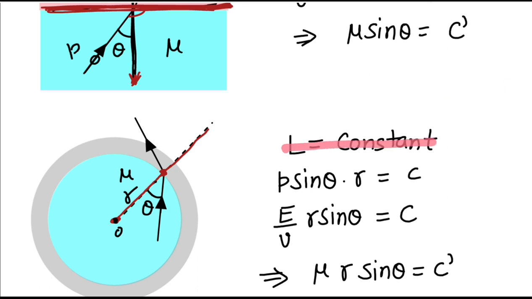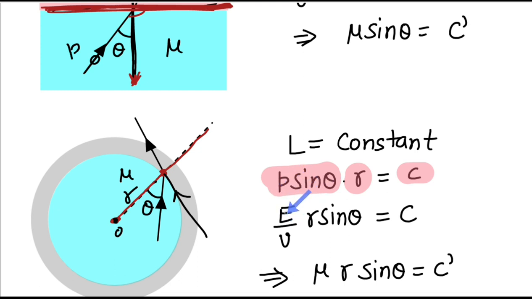So we can also say that since the force acting on the particle is going to be along this radial line, along the normal direction, the force will pass through this center point, and we can say that the net torque about the center point is going to be 0. That means the angular momentum will remain constant, right? And since the angular momentum is going to remain constant, the component of the linear momentum perpendicular to this r vector, p sine theta into r, is going to be equal to constant c. Again, we'll use the same thing here.